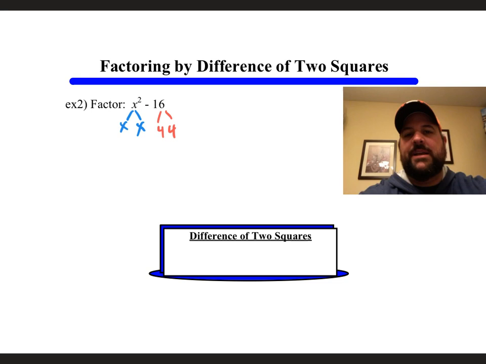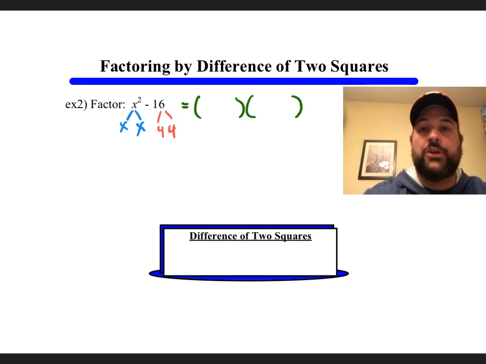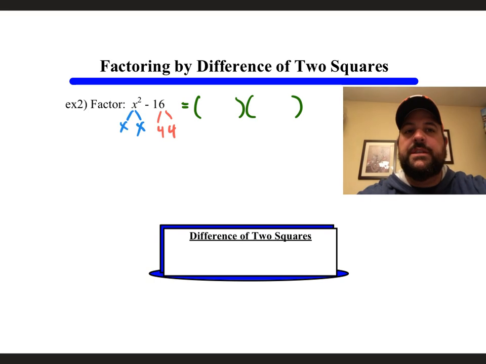And what it really breaks down into is two binomials. We're going to take this and we're going to split it up so that we have two sets of two terms. And in this case, the x squared, the x and the x, that's going to be the first term in each set of parentheses. And then this 4, which is 16, the square root of 16 is 4, we're going to put the 4's in the second spot in each set of parentheses.